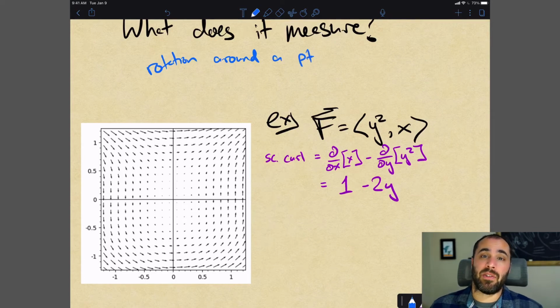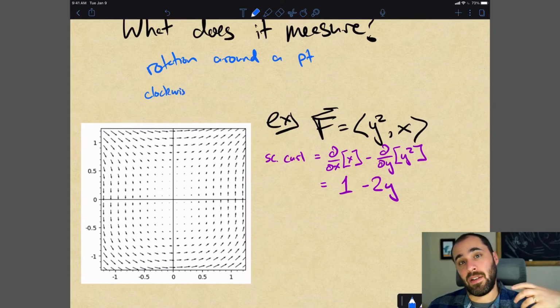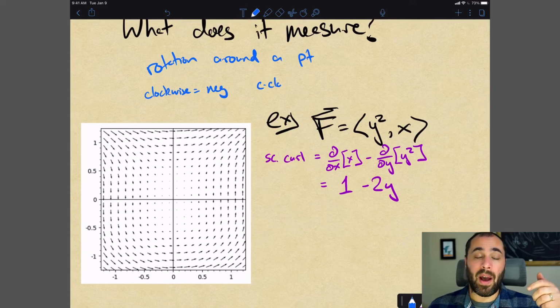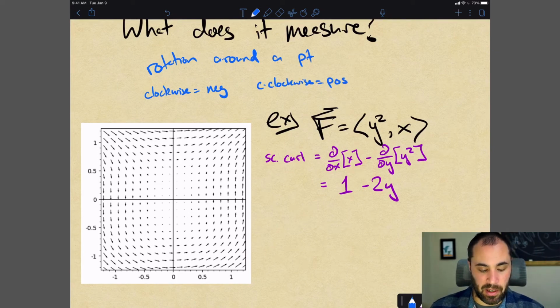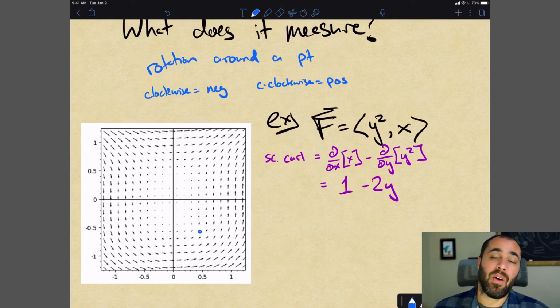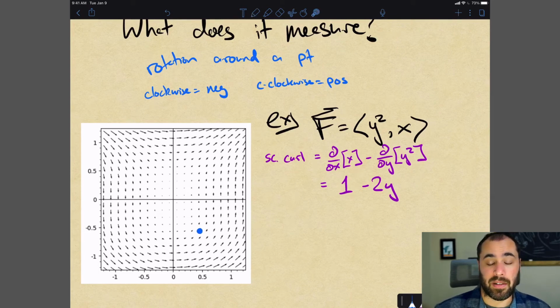That is, if we were to drop a twig or a paddle wheel into this vector field, say it represented the velocity of a flow of a current, how it would spin, or if it would spin. In particular, would it spin clockwise, in which case the scalar curl would be negative, or counterclockwise, in which case the scalar curl would be positive.